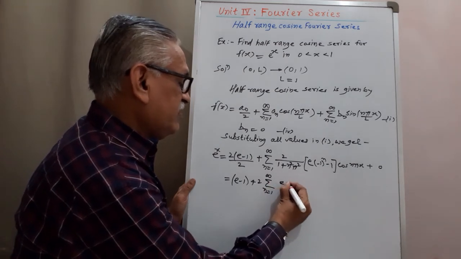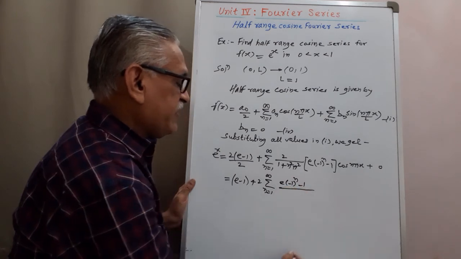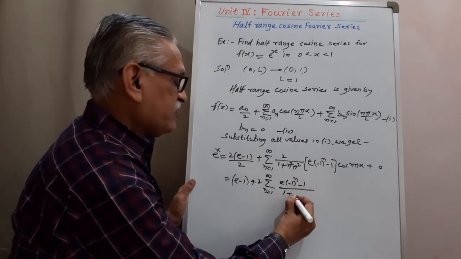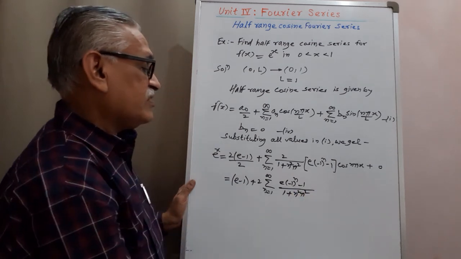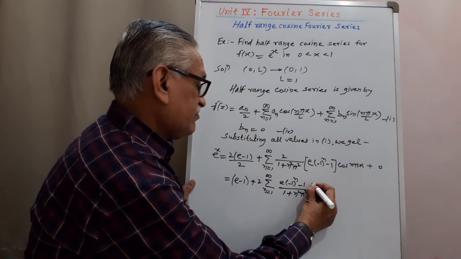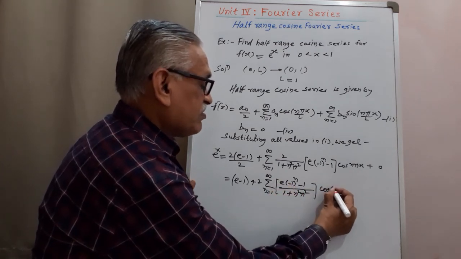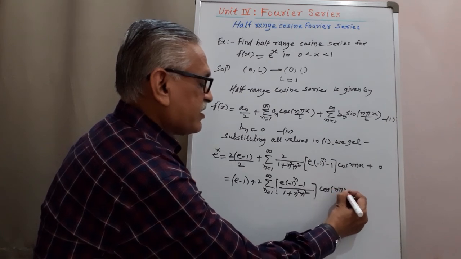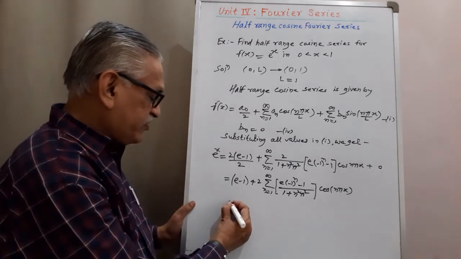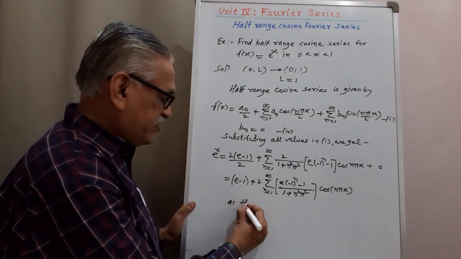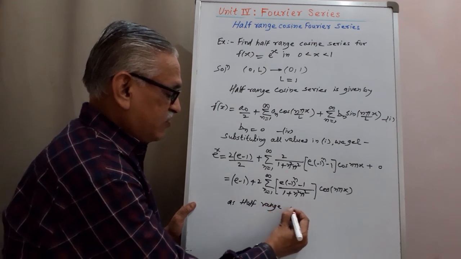It is e into minus 1 raised to n minus 1 divided by 1 plus n square pi square into cos of n pi x, as the required half range cosine series.